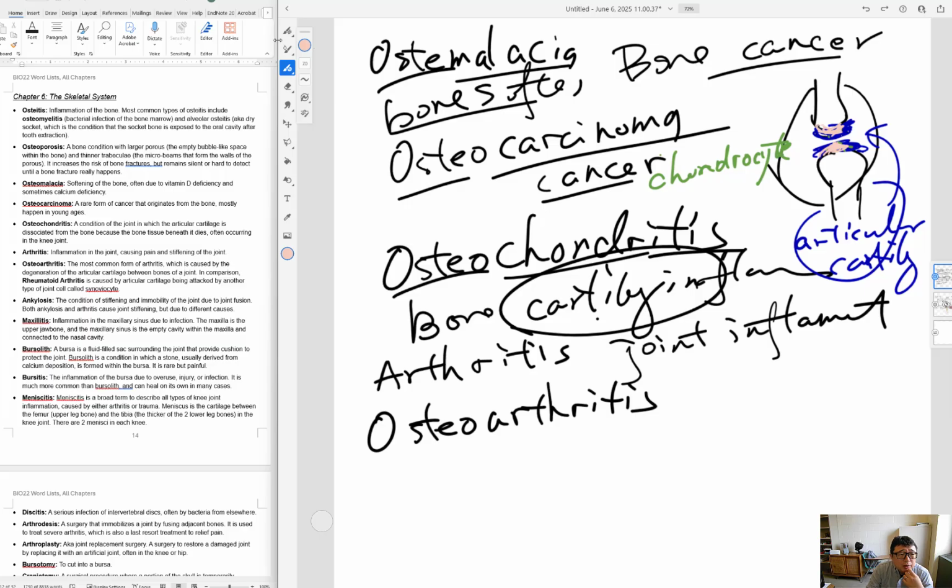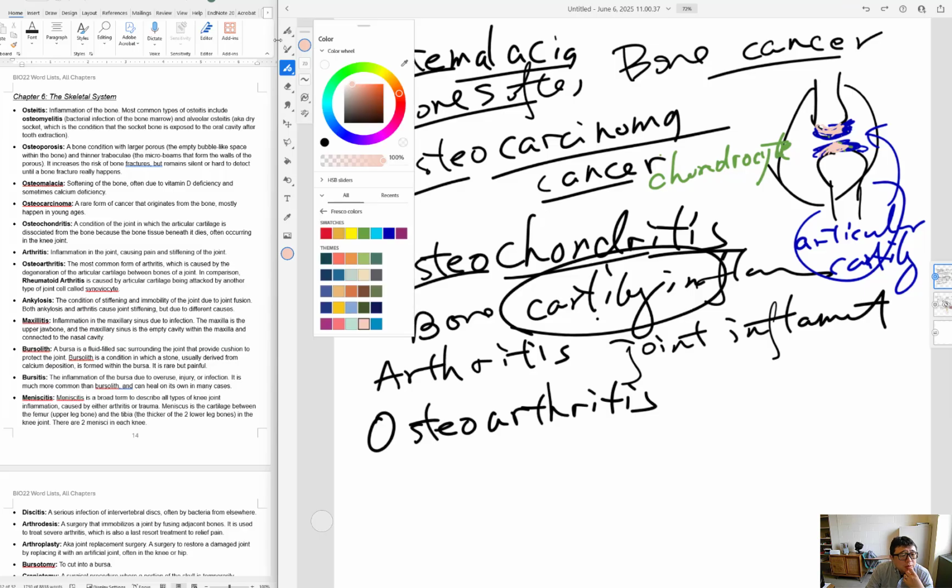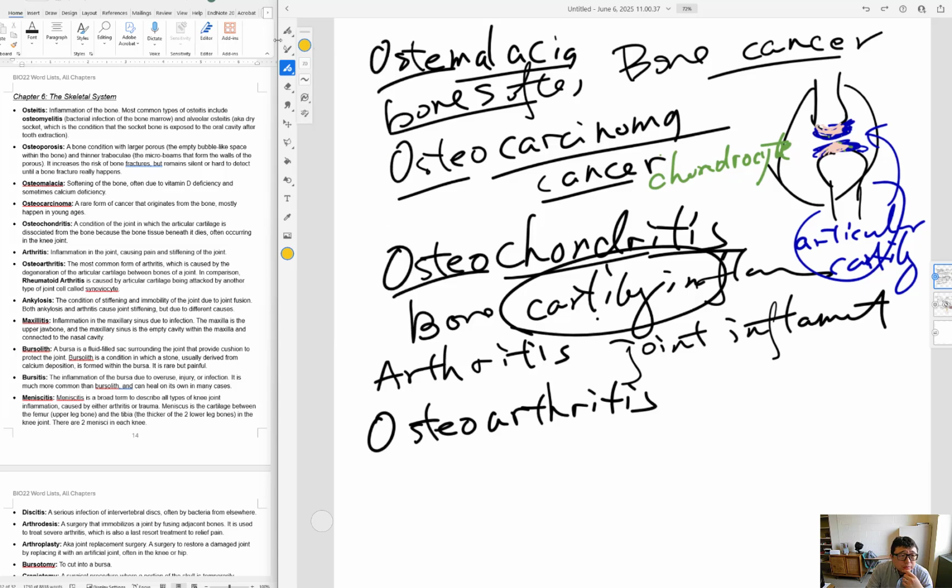There's another type of arthritis called rheumatoid arthritis. You may have heard of it. What is rheumatoid arthritis?